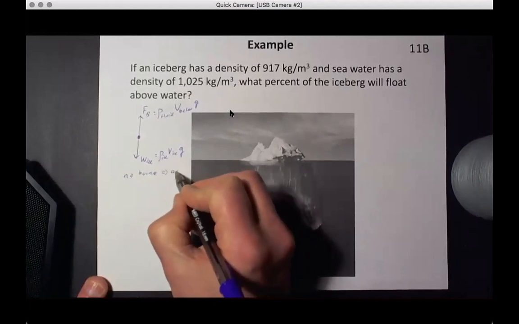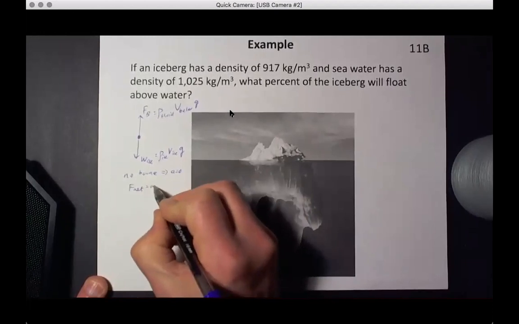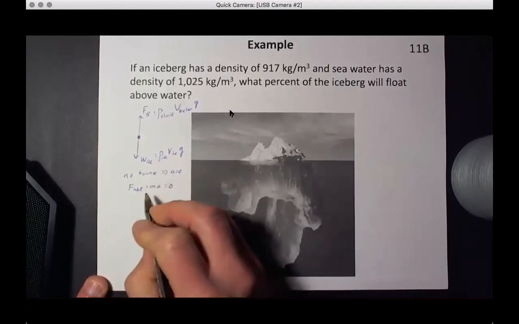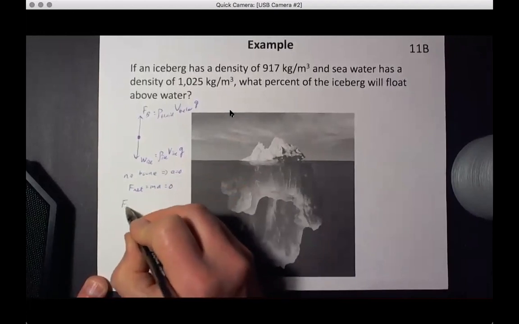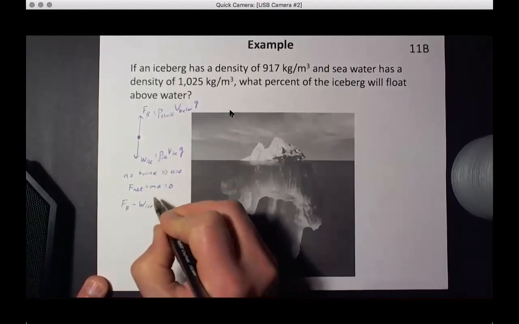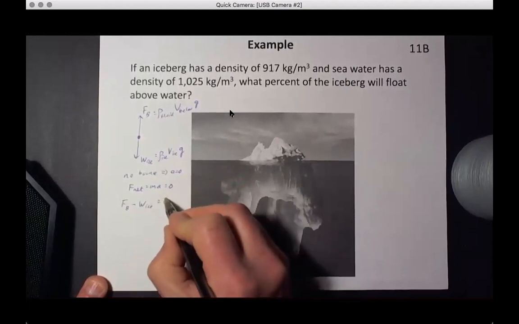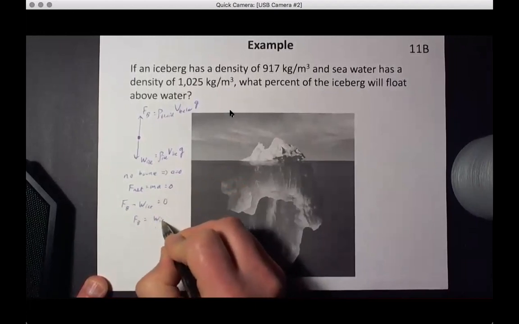This implies a is equal to 0. So F net is equal to ma is equal to 0. And F net is equal to F_B going up, and the weight of the ice going down, is equal to 0. So the buoyancy equals the ice weight.